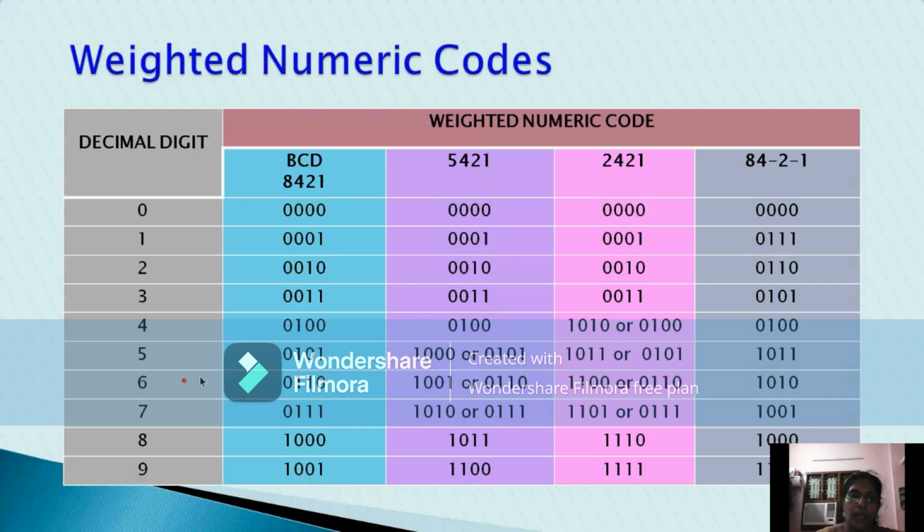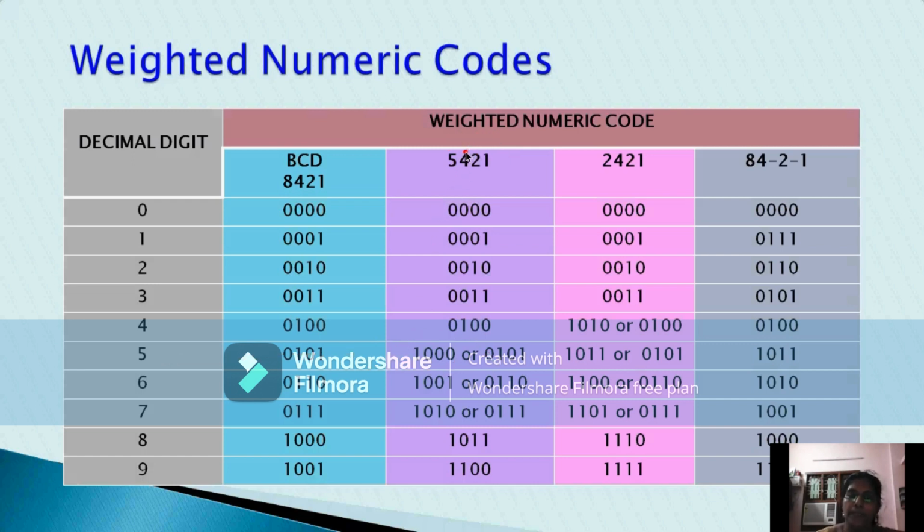Understood? Now for 5, why are 2 possible patterns given? 5 alone is enough to determine this 5. So how can you write it? 1, 0, 0, another one more 0. That is why you got this 1, 0, 0, 0, one possibility. Am I right?